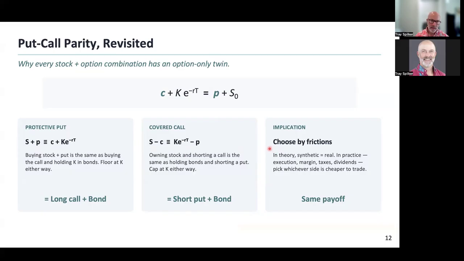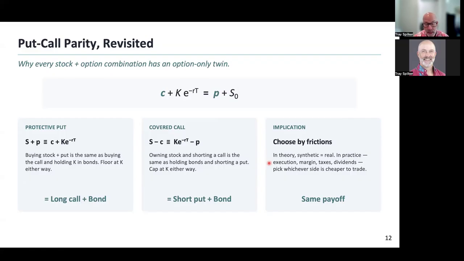So the implication here is that a synthetically constructed option position will equal the real option position. Now, in practice, there might be a little slippage, right? So there are quote unquote limits to arbitrage because of structural frictions in the market, like execution risk, bid and ask spread margins, taxes, dividends, and things like that.